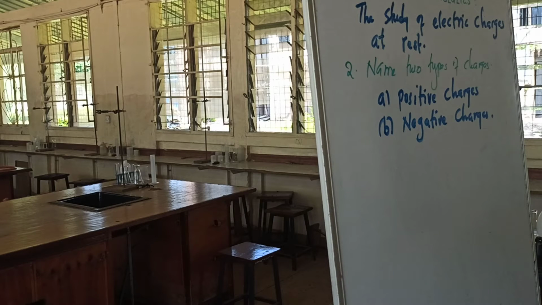Question number 3. State the SI unit of charge. The SI unit of measuring charge, of course, is Coulomb. You know that famous physicist? Coulomb.